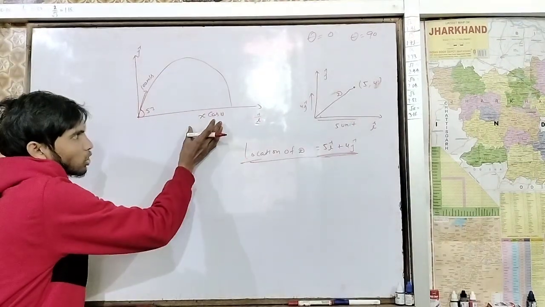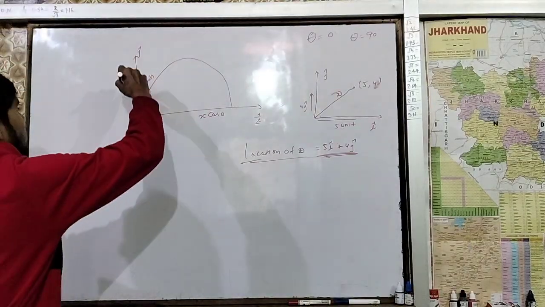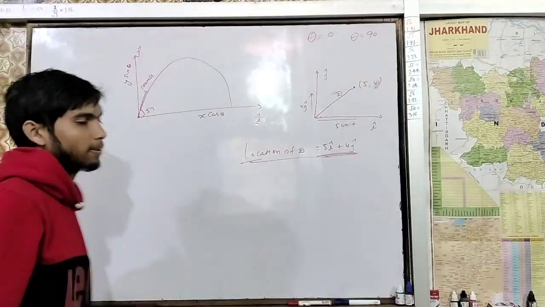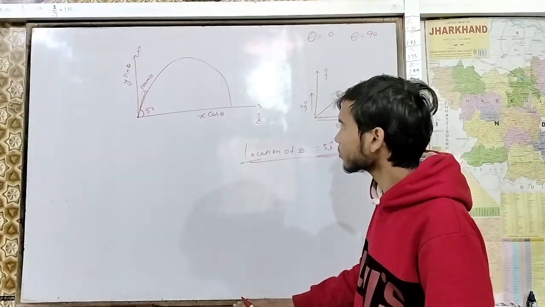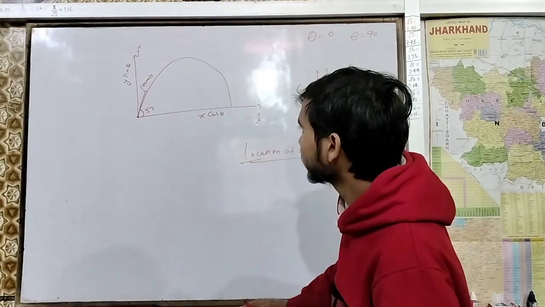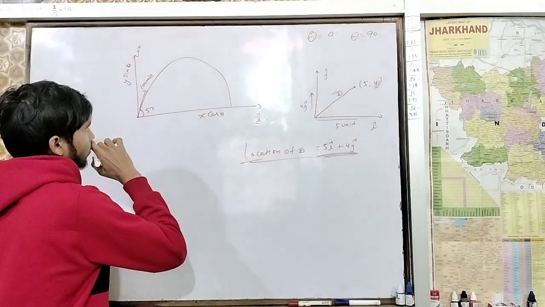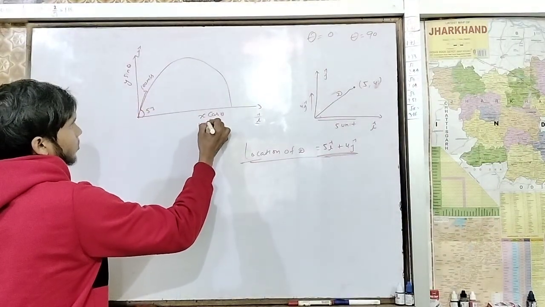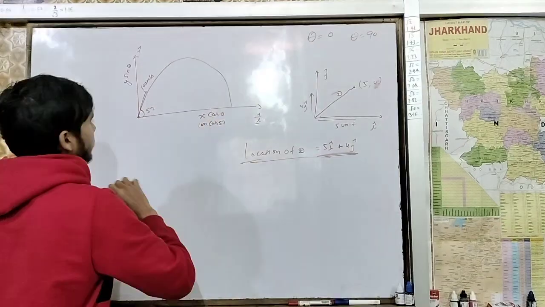So remember, for horizontal we use x cos theta. For vertical we use y sin theta. Just put x as 100 and cos 53. You will get something.